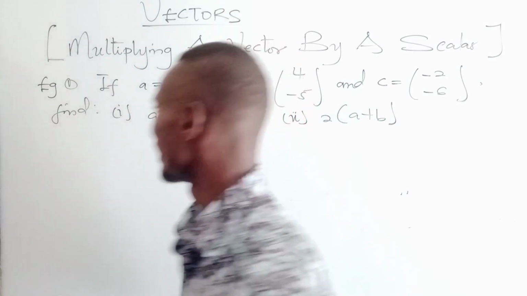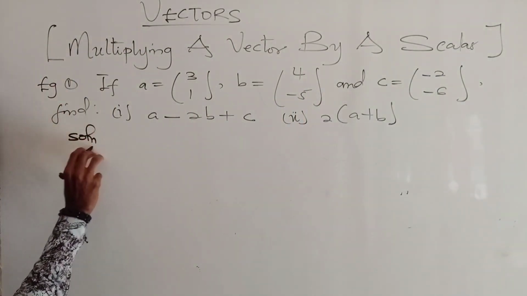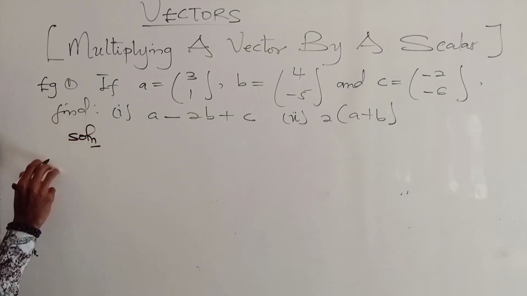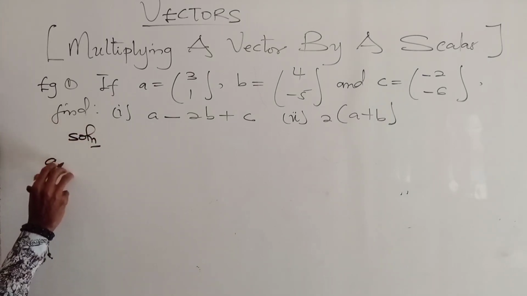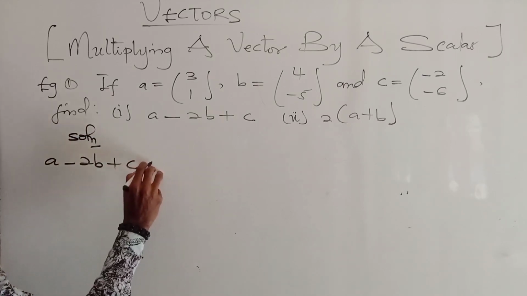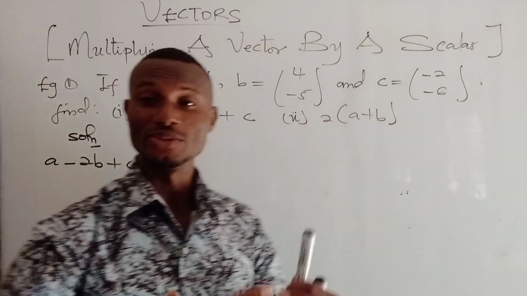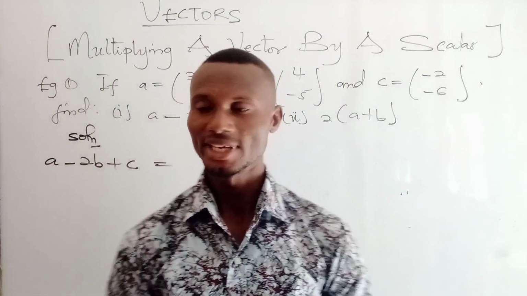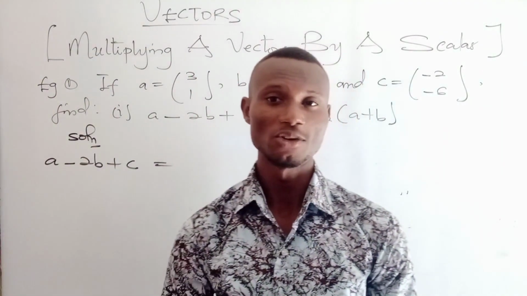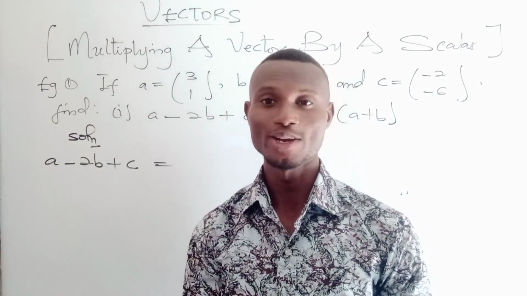So I'm going to write down my solution. I have that we should find a minus 2b plus c, so I'm going to bring my equal sign. Wherever you see a in this, you put the value of a there. Wherever you see b, you put the value of b there.